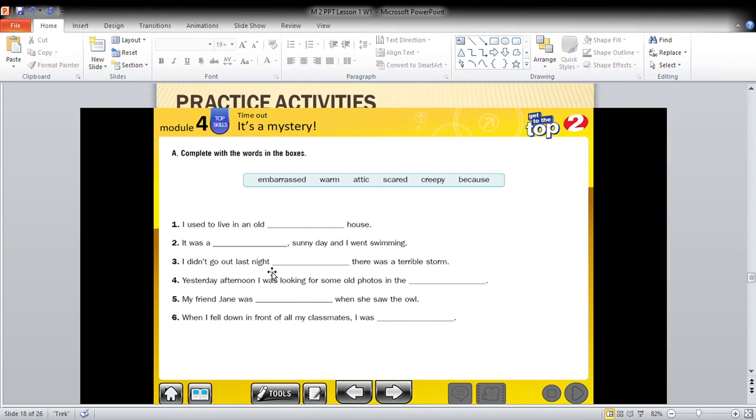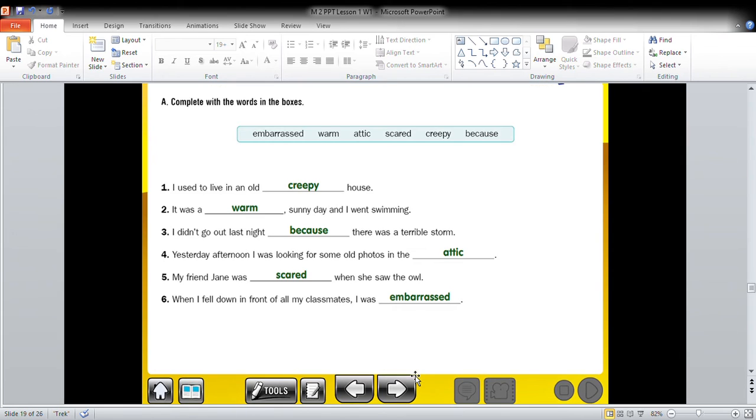I didn't go out last night. There was a terrible storm. Yesterday afternoon, I was looking for some old photos in the blank. My friend Jane was blank when she saw the owl. When I fell down in front of all my classmates, I was blank. So the answers are given: creepy, warm, because, attic, scared, embarrassed.